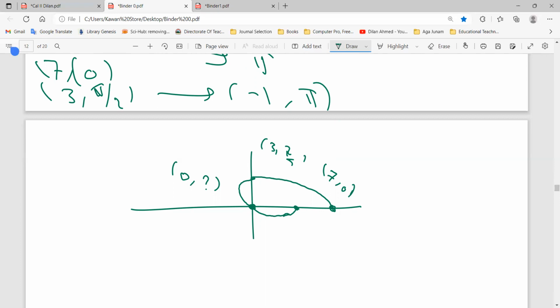So I got minus 1. Understood? For example, if you ask me about this point, I say it is equal to minus 0.5 and 170, for example, and minus 100, like that. You got it? Hello?